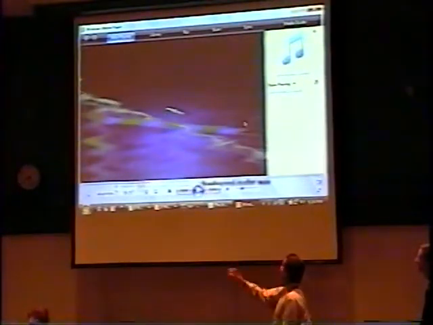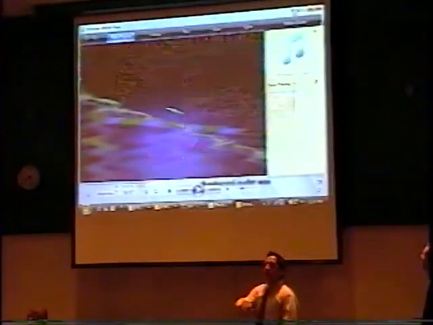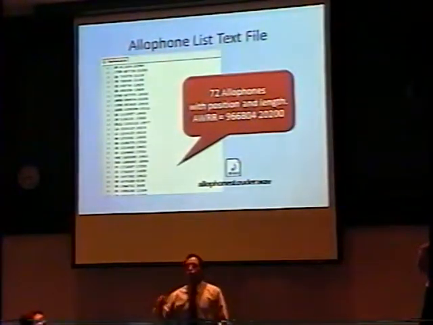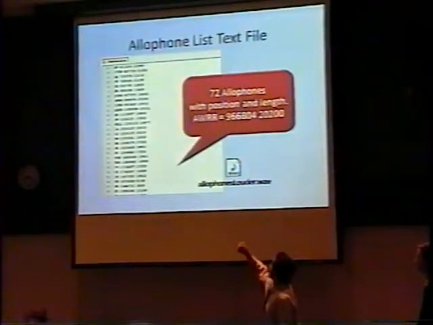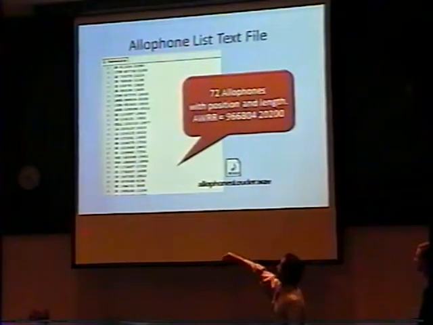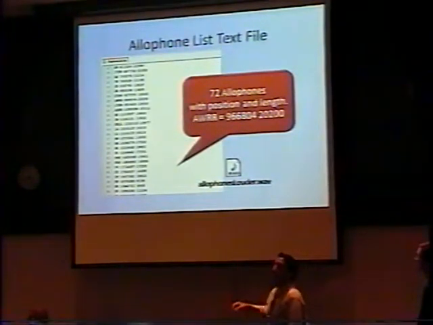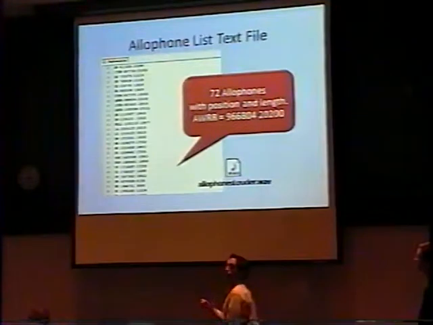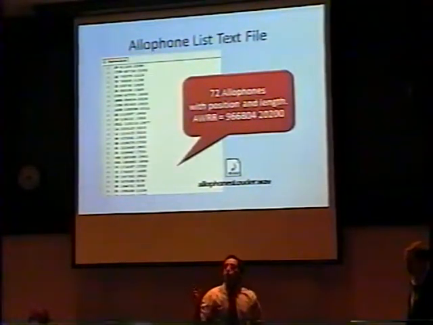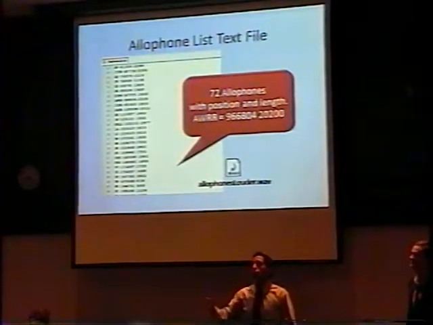As you can see, it's one single file, and once we do a lookup on the text file, we grab the first input, which is the position on that file, and we also grab its length. With that, we could extract from that big WAV file the specific location that we want to associate with the allophone.